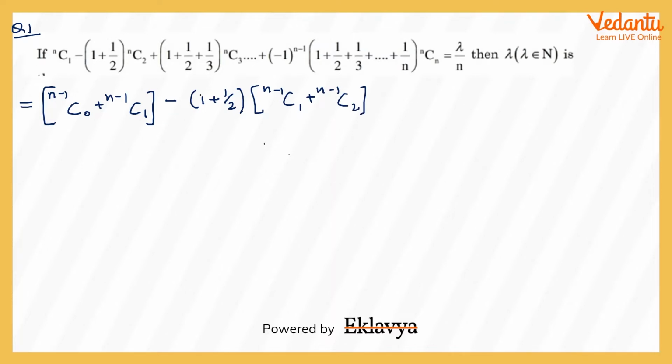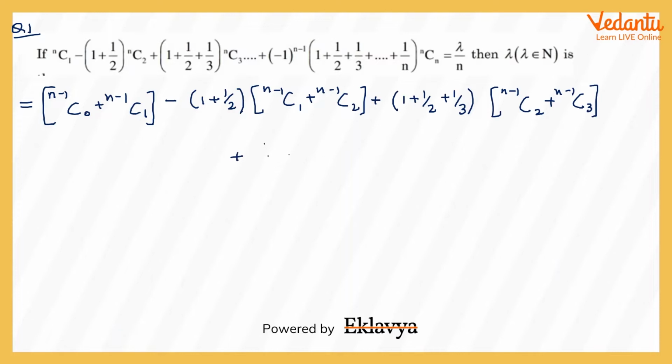Okay, and then next one would be 1 plus 1/2 plus 1/3, and this nC3 I can write as (n-1)C2 plus (n-1)C3. Okay, and so on we can write.